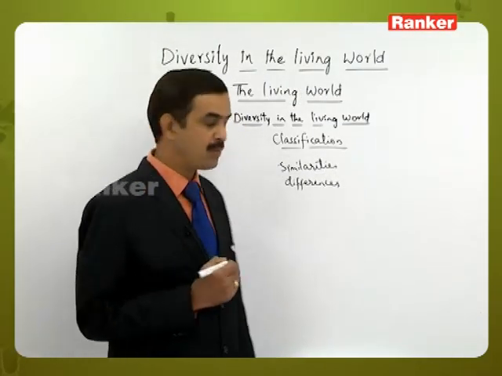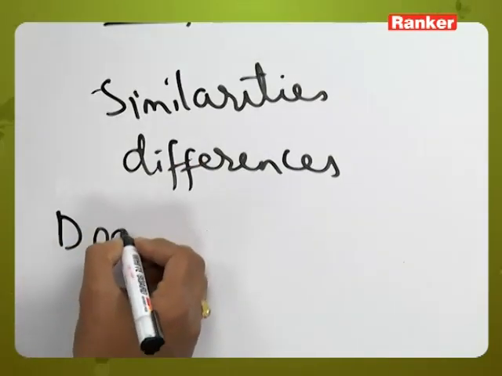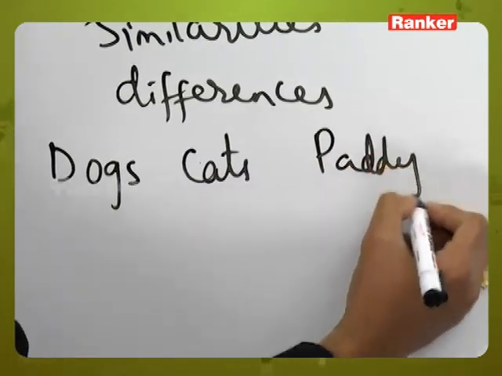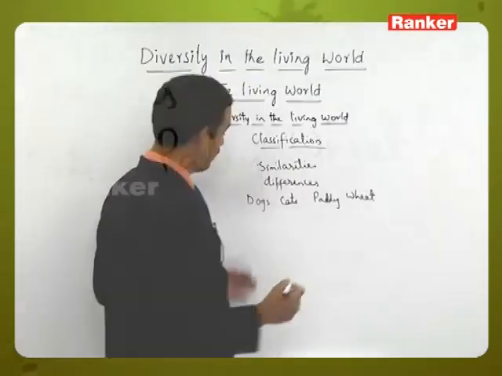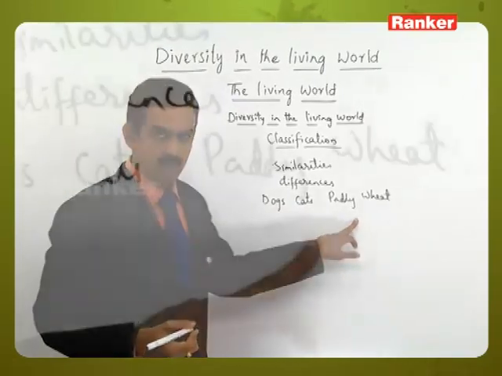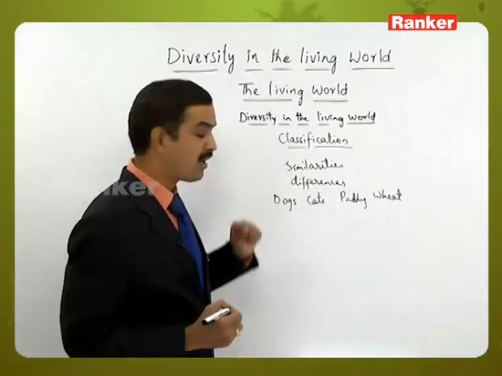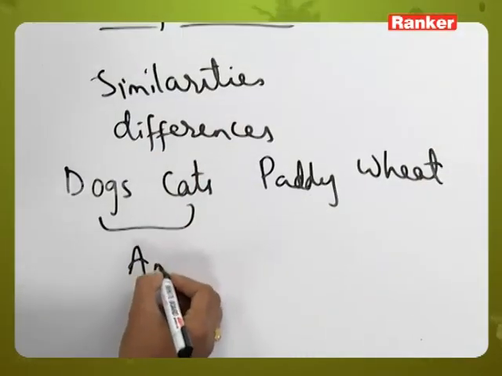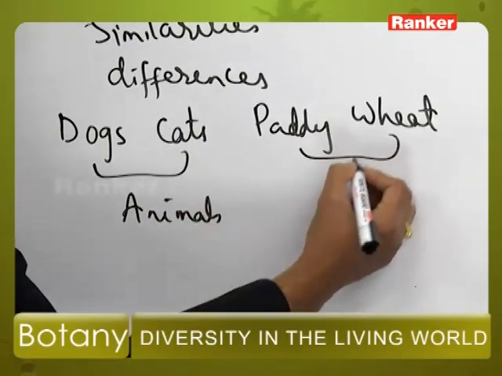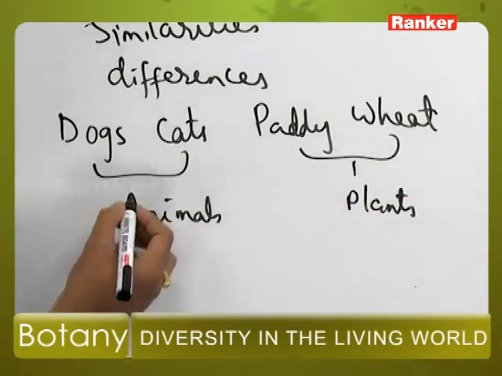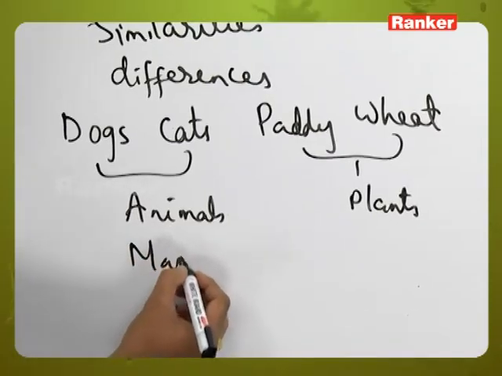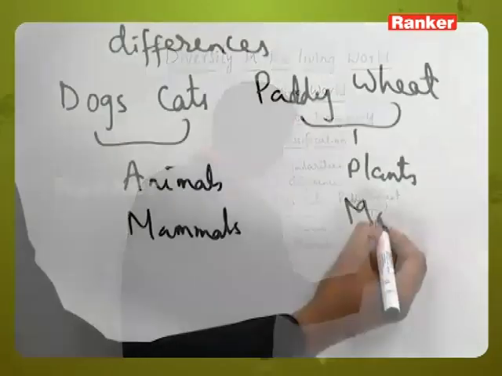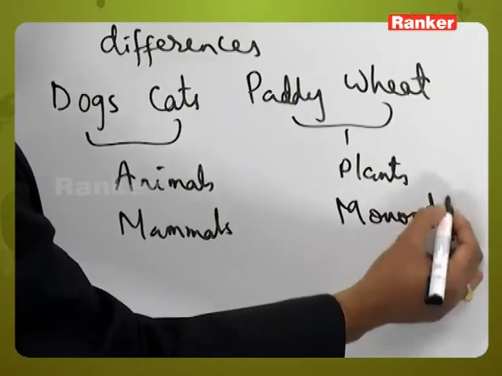Let us take some examples here: dog, cats, paddy, wheat. All these are living organisms, but they show a lot of difference in their characteristic features. These two are animals and these two are plants, and these two belong to the mammals, and these two belong to monocotyledons.